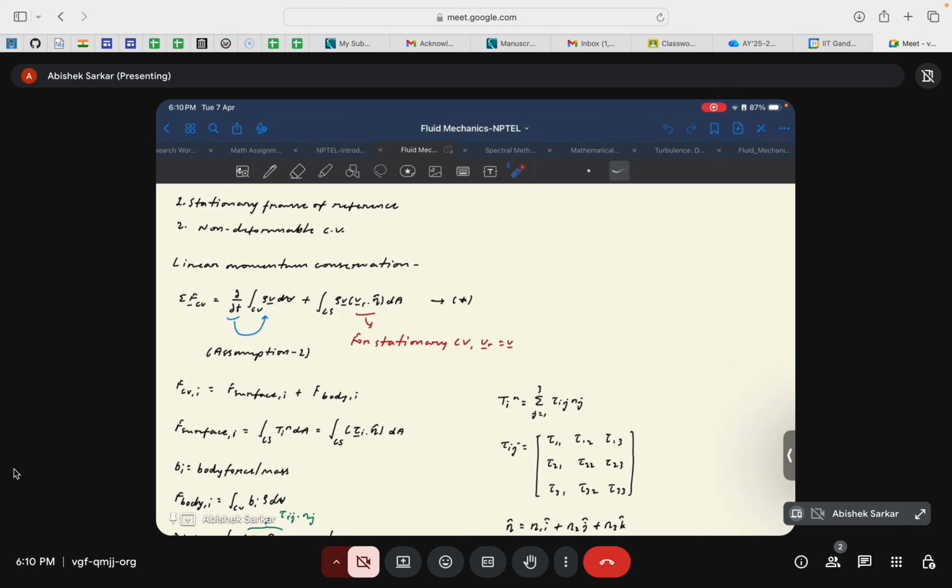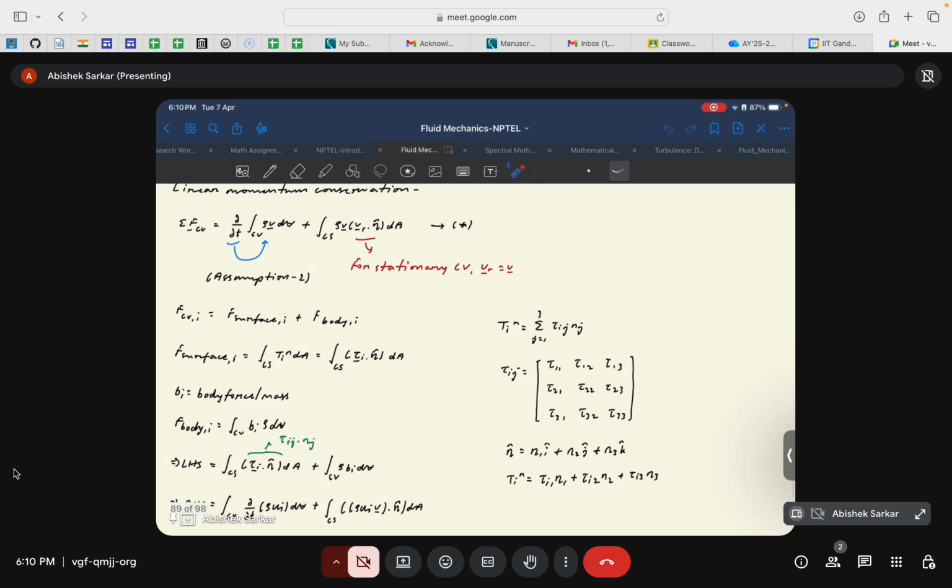And second, if our control volume is non-deformable, what would happen is that this time derivative term can be taken inside the volume integral. Those are the two implications that we have. Basically, if we do that, we will be able to obtain the differential form of the equation from the integral form. That's our main objective.